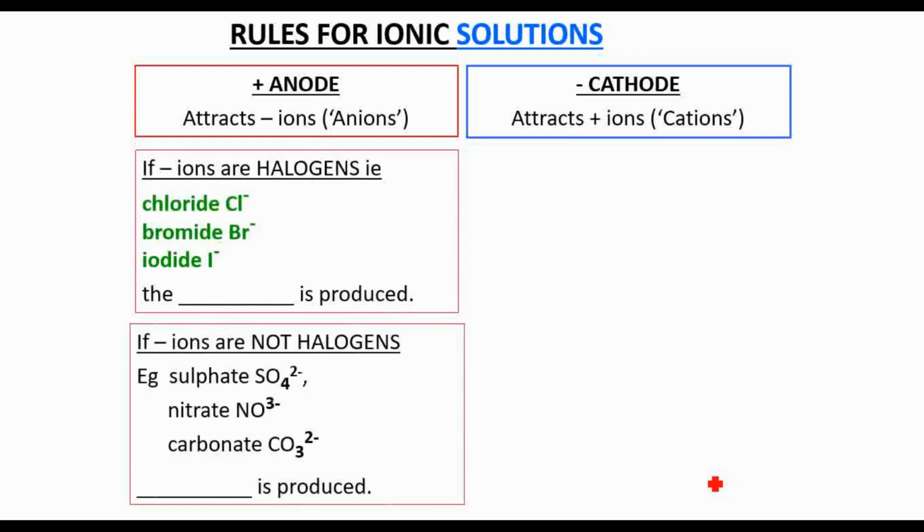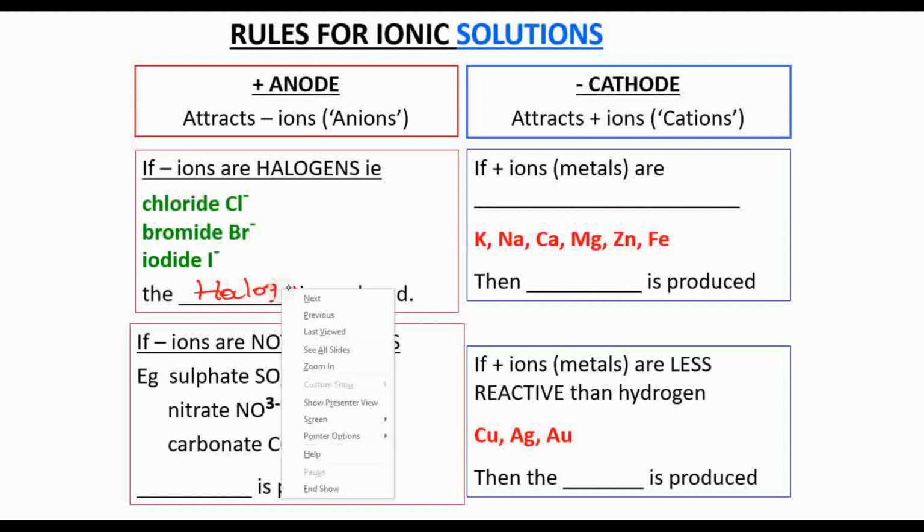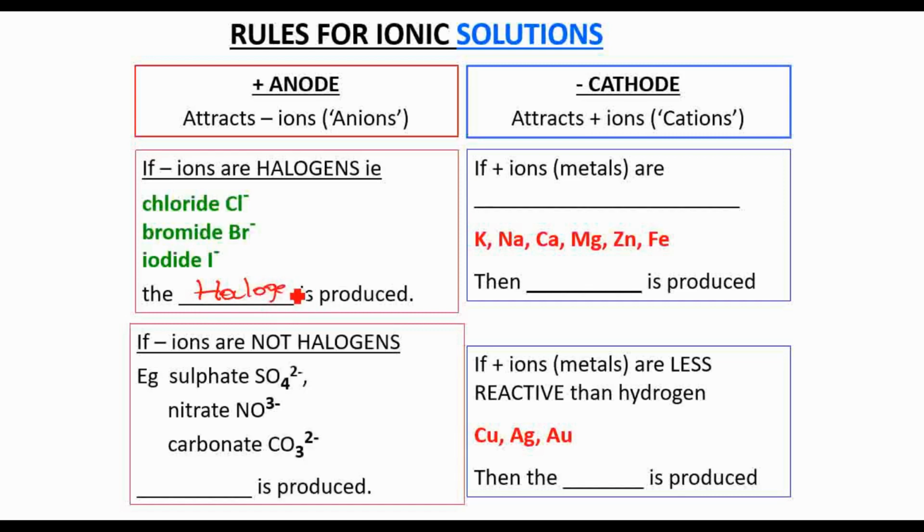All right, so here are the rules. Just to summarize everything that we've said so far. If you have a halogen present, the halogen will be produced. If it's not a halogen, then it will be oxygen and H2O produced from the hydroxide.